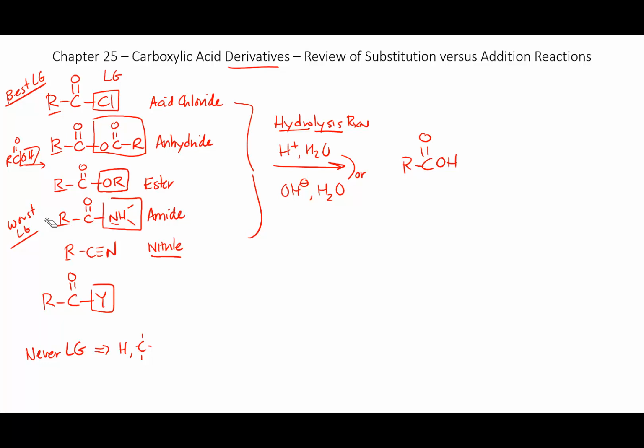So chloride is a better leaving group than anhydride, which is better than OR, which is better than NH. Okay. So basically what that means is that acid chlorides are going to be the most reactive and amides are going to be the least reactive.